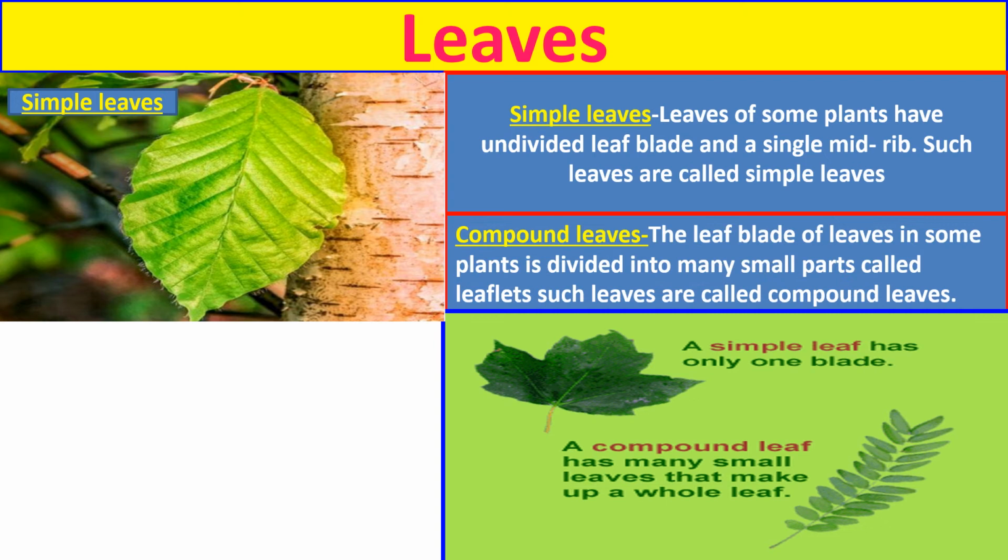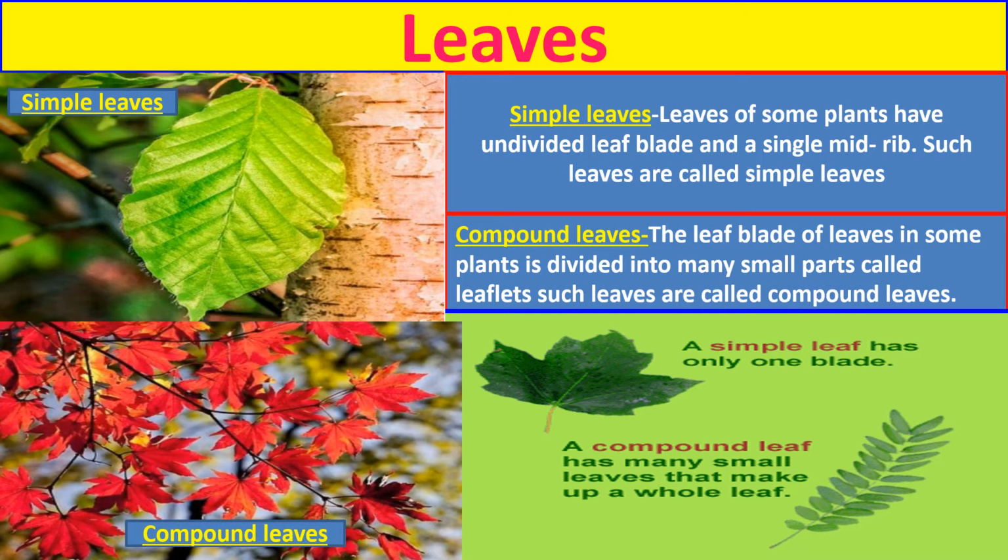Now compound leaves. The blade of the leaf in some plants is divided into many small parts called leaflets. Such leaves are called compound leaves. So many leaflets are joined to the stem through petiole, and it shows complete division of the leaf blade.